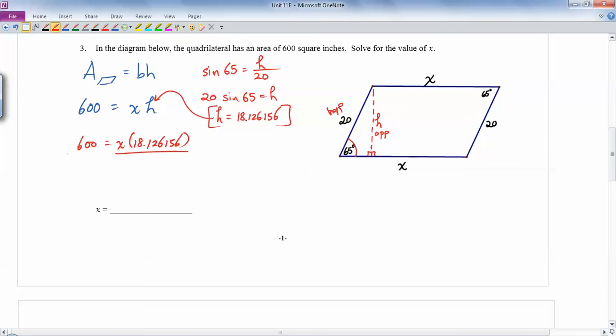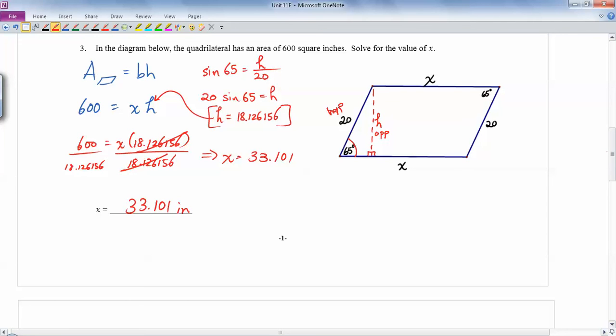And then I can divide both sides by the 18. These guys cancel, and you're left with x is 600 divided by that 18, which is 33.101. Oh, and in this case, since the area was inches squared, the length for x will just be inches.